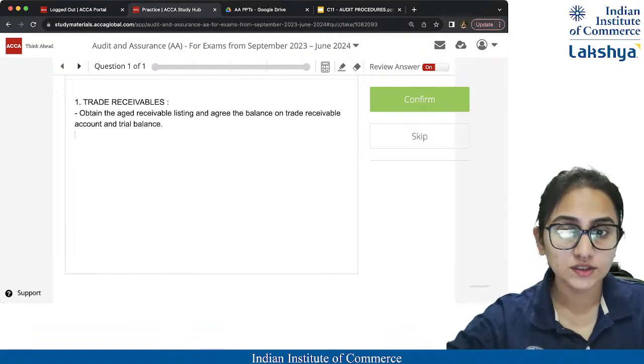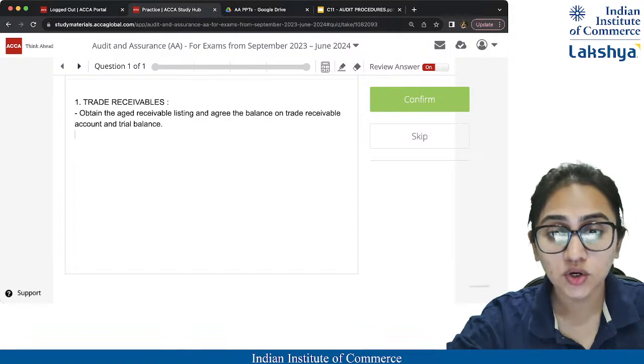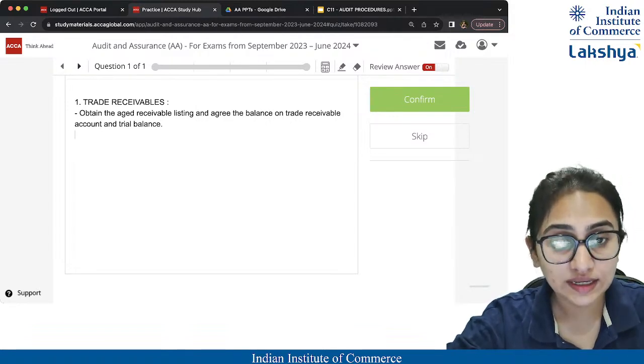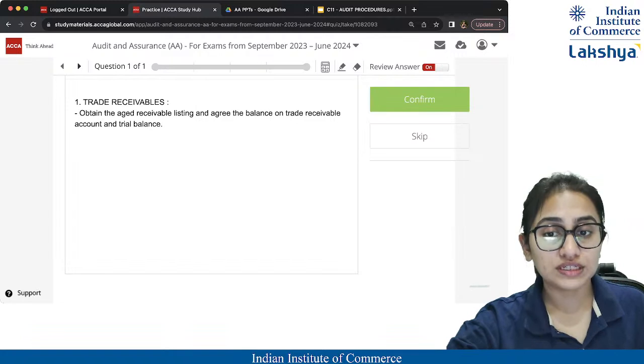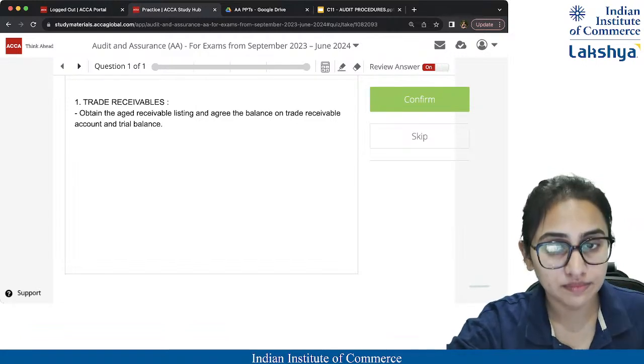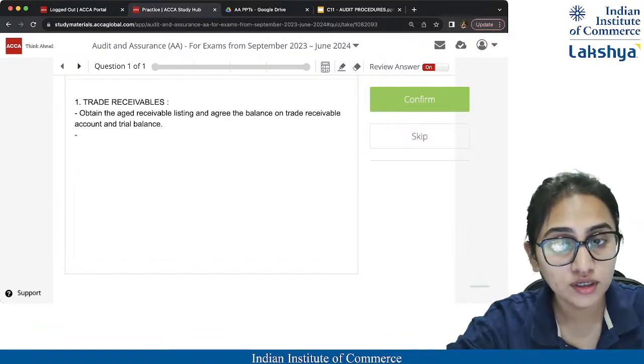For what is this? To make sure that the balance on the aged receivable listing and the balance taken to the trade receivable and trial balance is same. So this will give you an idea of accuracy.